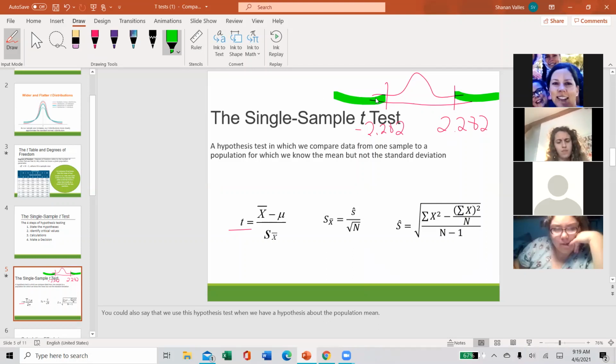Do we remember that, Natalia? Yeah, I'm just writing this down. Anything, or a t-value that exceeds a critical value, we reject the null hypothesis.